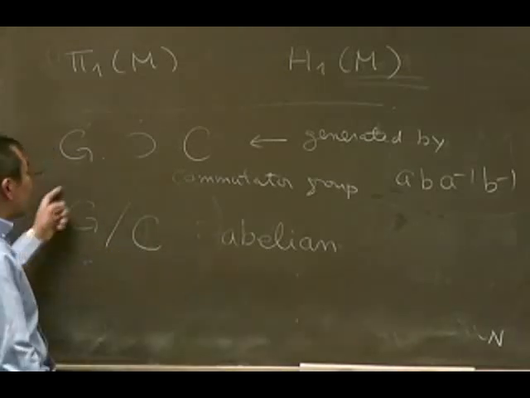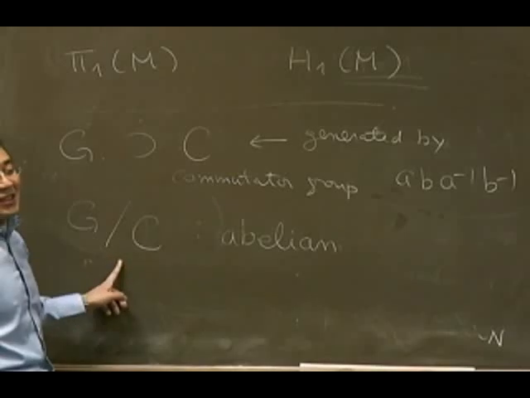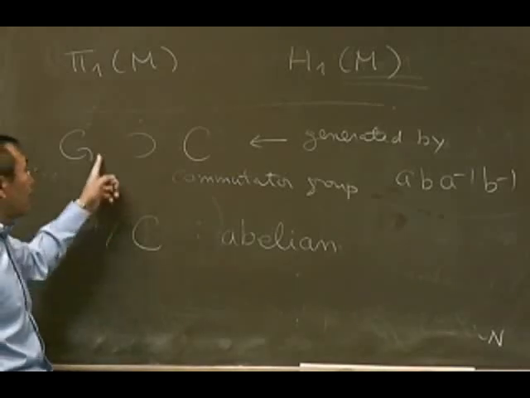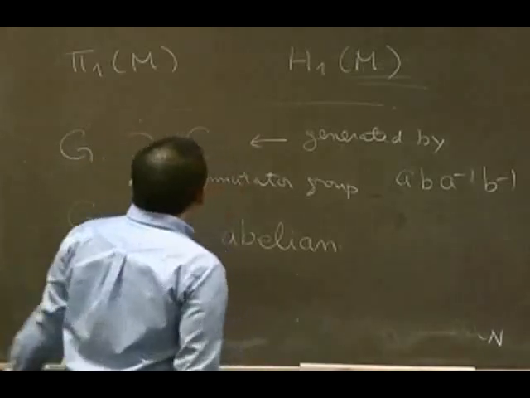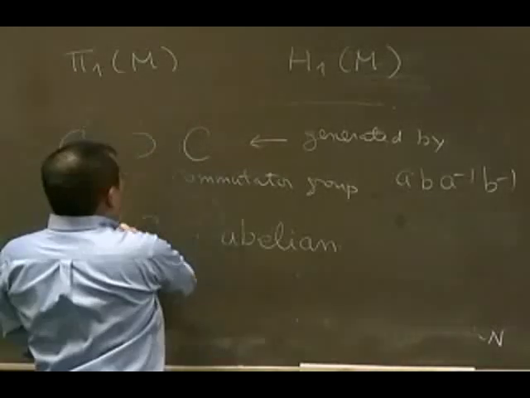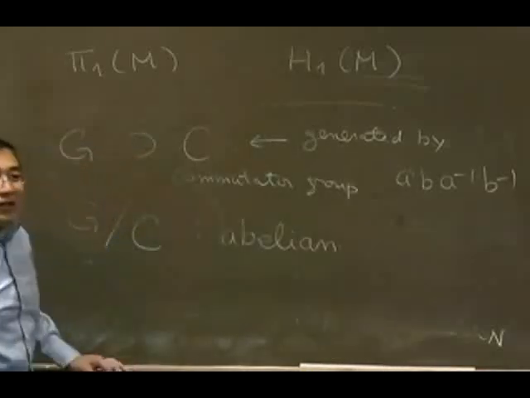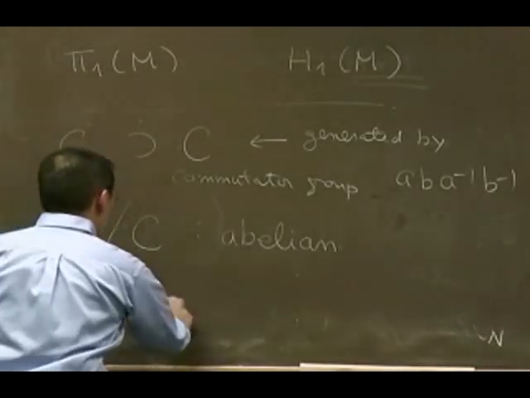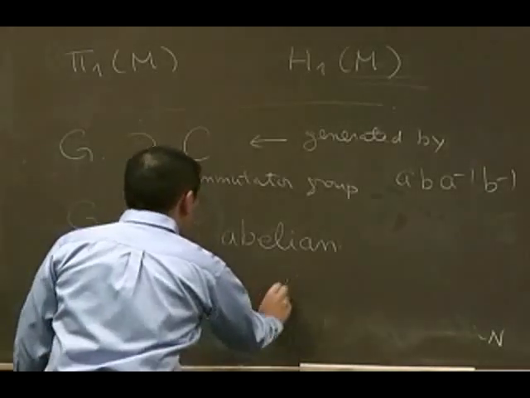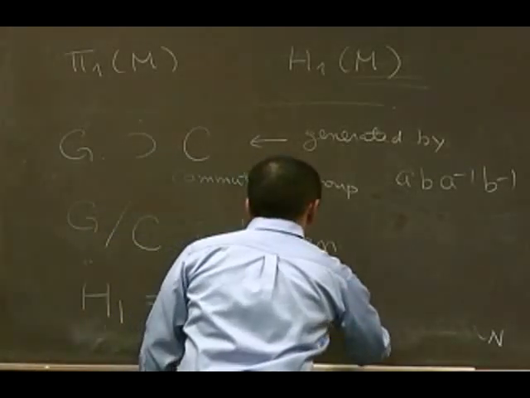So in some sense, this is the maximal possible abelian quotient construction out of G. I'm saying that because this is exactly the relation between pi 1 and H1. Namely, H1 is equal to pi 1 divided by the commutators.